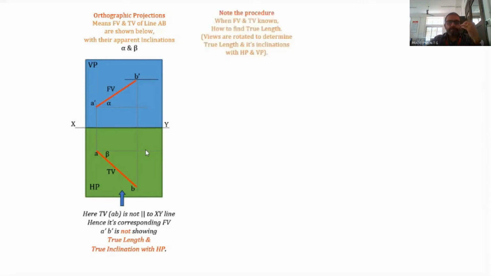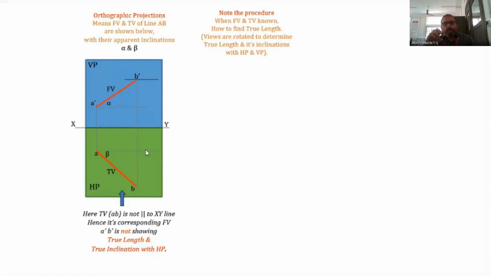So now, we know the front view as well as the top view, then how do we find the true length? In order to get the true length, we rotate the top view so that it becomes parallel to the XY line.